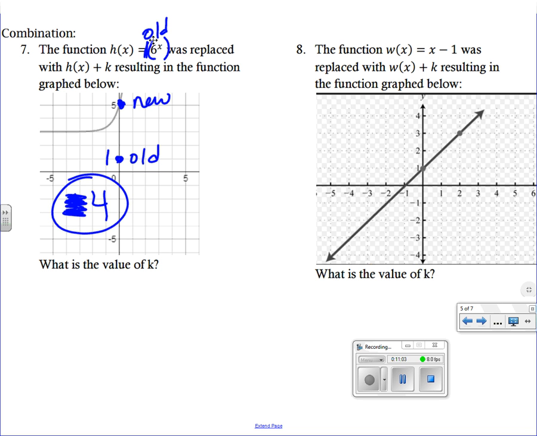Okay? All right, number 8. The function w of x equals x minus 1 was replaced with w of x plus k, resulting in the function graph below. What is the value of k? Jesse, what's the old y-intercept? What kind of one is that? Ethan H, that's your second minute. What, Jesse? I'm almost done. Give me a couple more minutes. -1.